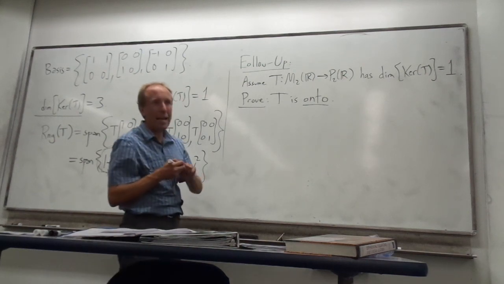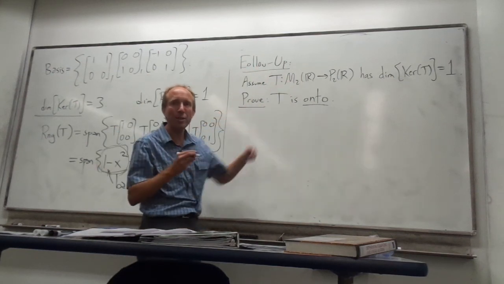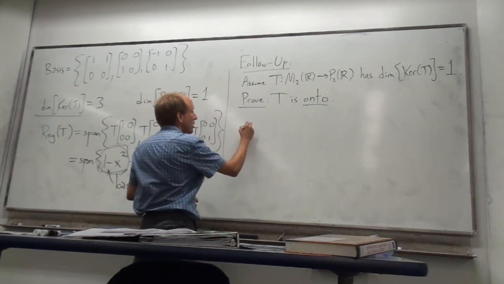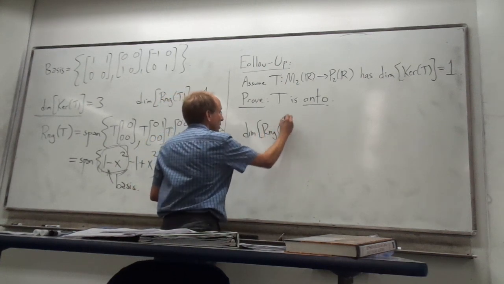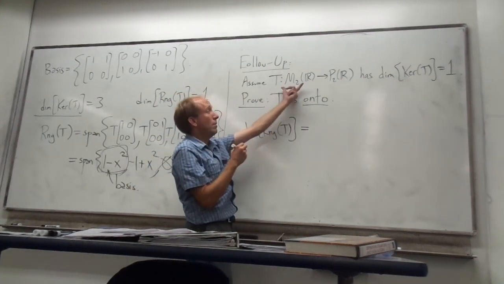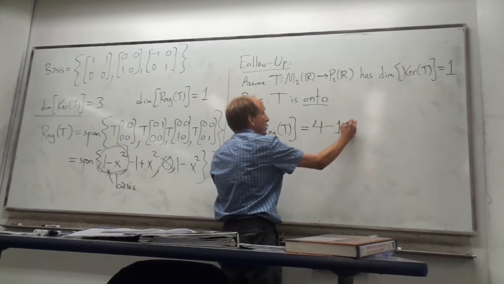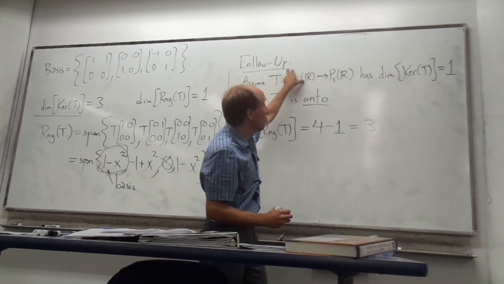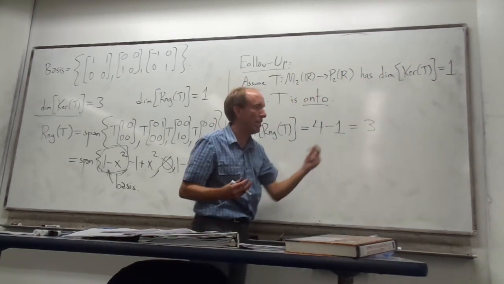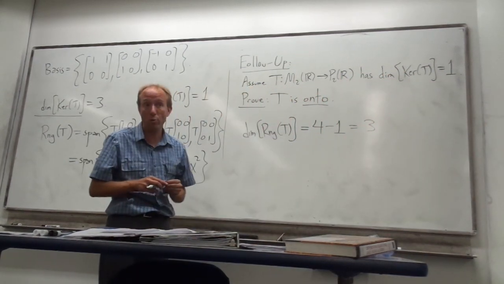Okay, good. Exactly. So if the dimension of the kernel is 1, then what's the dimension of the range? 3. Right, so the dimension of the range has to be 4 minus 1. It'd be good to write it as 4 minus 1, because then you're showing your work. It's 4 and this is 1. Subtract them off. You get 3. Okay, good. So the dimension of the range is 3.